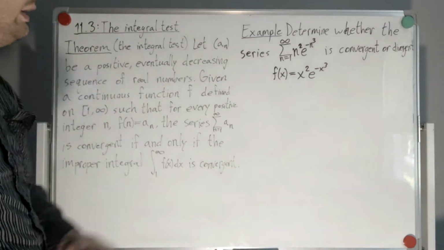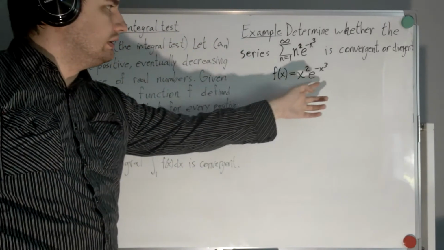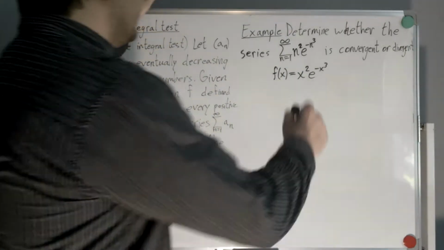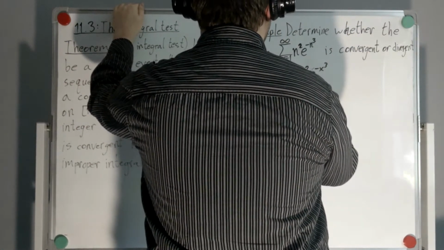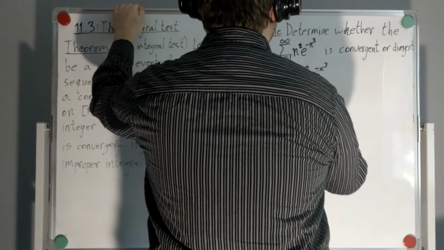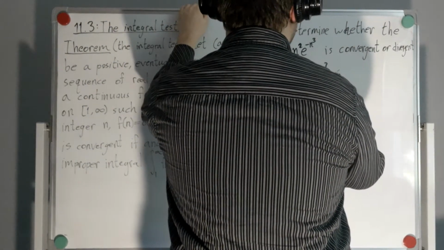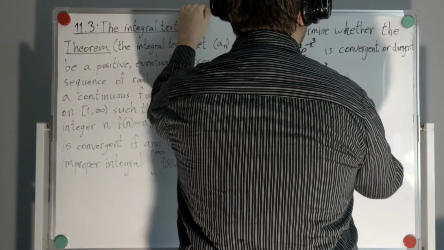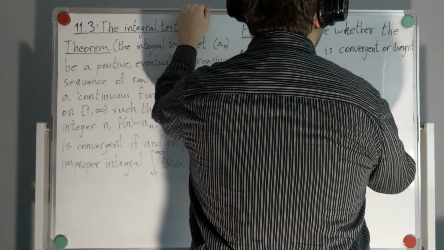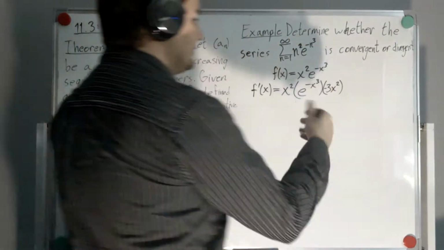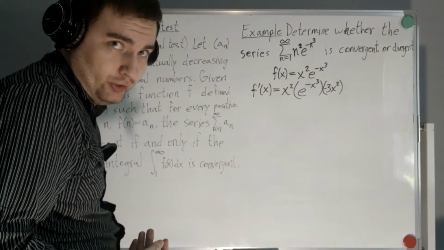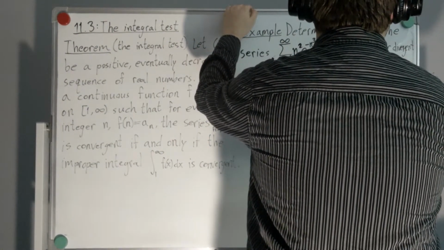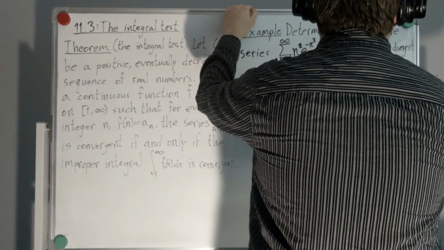All right, so once again, it's not so easy to tell that it is going to be eventually decreasing, but that's okay. We can take its derivative. So f prime of x, this is a product rule. So this is going to be the first times the derivative of the second. And by the way, in doing the derivative of e to the negative x cubed, we have to use the chain rule. And plus the second, e to the negative x cubed, times the derivative of the first, which is just 2x.